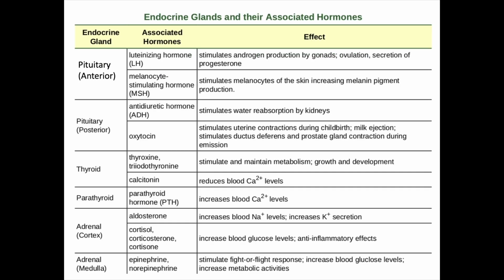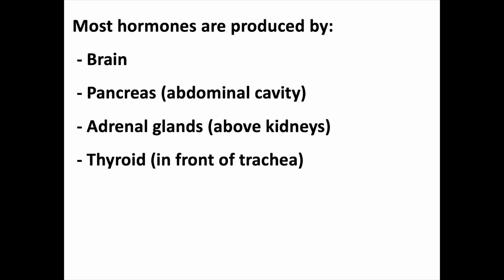So again, without memorizing these tables, I just want to make this statement. Most hormones are produced by the brain in various parts, the pancreas, which to remind you is located in the abdominal cavity, the adrenal glands located above the kidneys, and the thyroid located in front of the trachea.